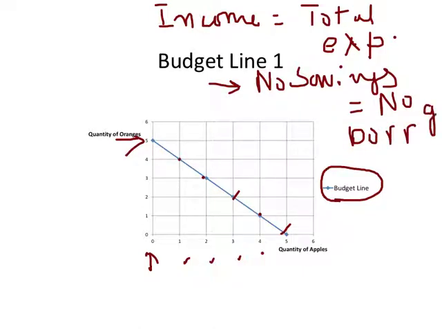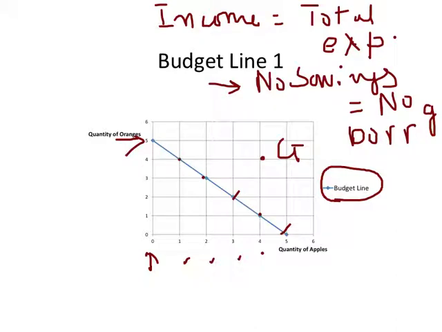I'll just write borrowing. Now consider a point like this one. Let's call it G. Price of an apple still is $1. Price of an orange is $1, and his income is $5.